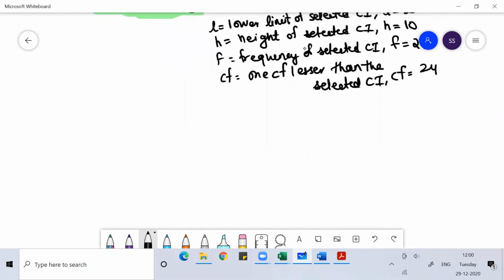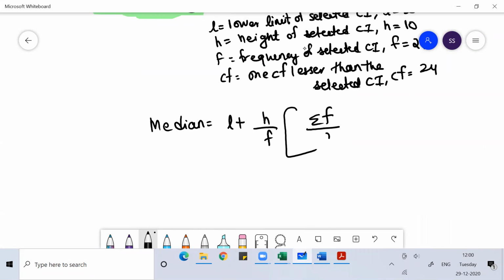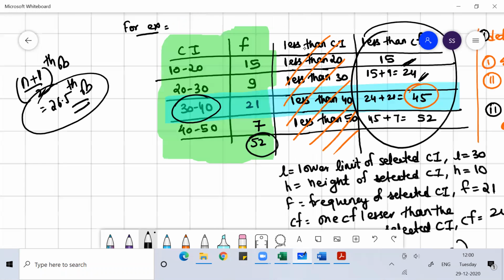So here you simply apply the formula of median. The median formula is L plus H by F into (sum of F by 2 minus CF). L is the lower limit, so L is 30.